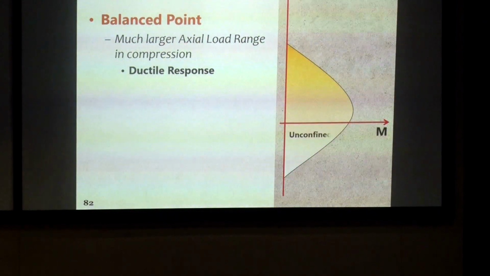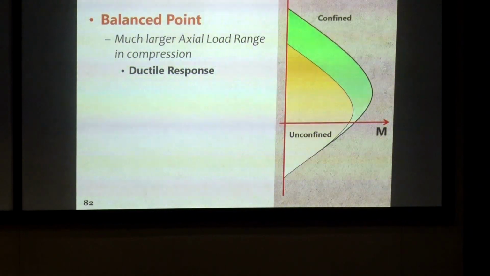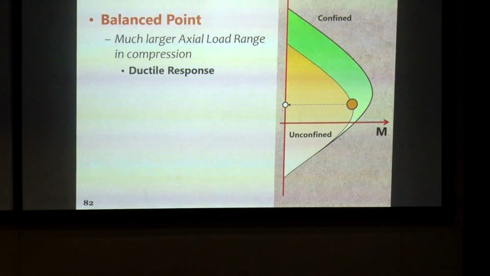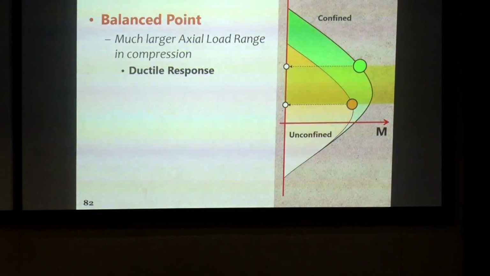The other important concept which was there but probably we never paid attention to is, of course, once we talk about confinement, we are going to distinguish between confined and unconfined to an extent. But one important thing that we will explicitly talk about is this balance point, and essentially tension control failure versus compression control failure, which was given very clearly if you see all the charts in SP 16, if you remember all the radial lines, fyd is equal to, right?